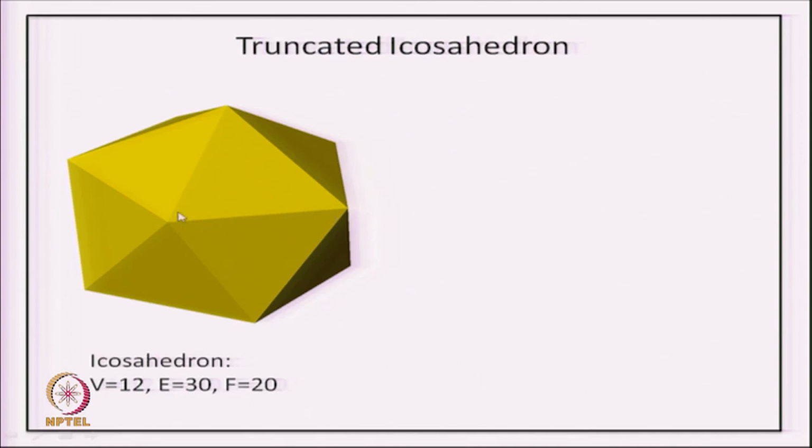All edges are equal, all vertices are identical, with 5 equilateral triangles meeting at each, and all faces are identical equilateral triangles. This is a beautiful solid known as an icosahedron. The word icosahedron comes from its 20 faces: icosa is 20 and hedron is faces. So it is a 20 faced regular or platonic solid.